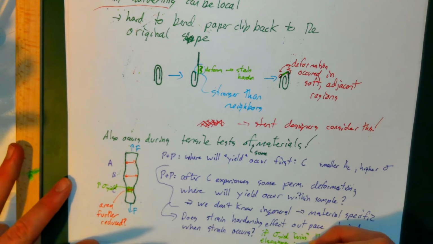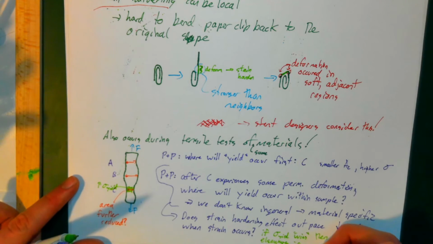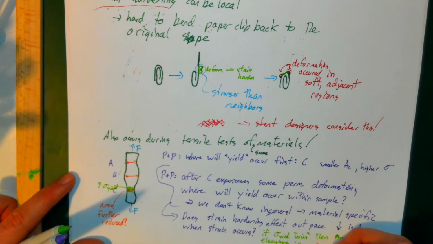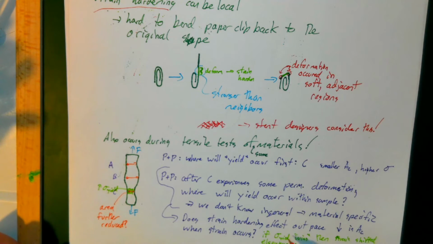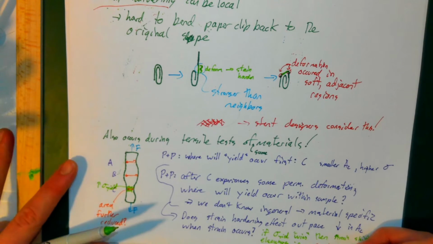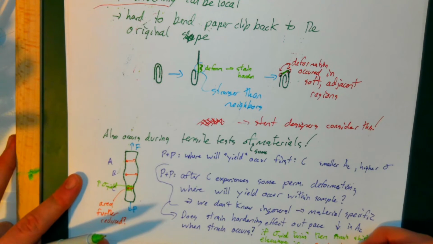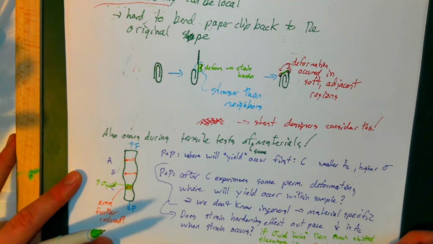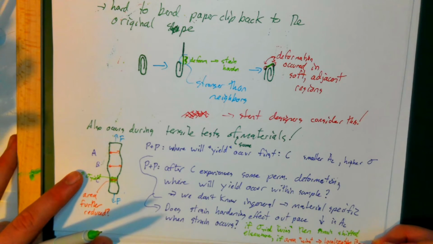But if area wins, i.e. area gets smaller faster than sigma gets larger, then this effect is exacerbated. So then the localization is exacerbated, or localization continues.